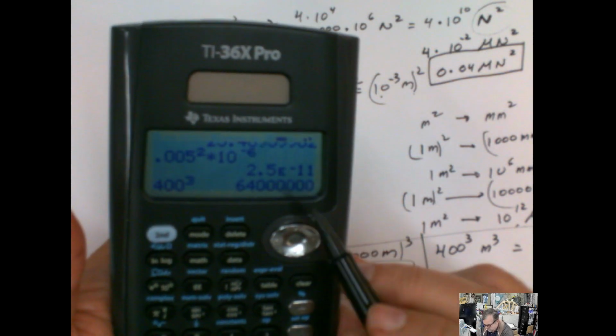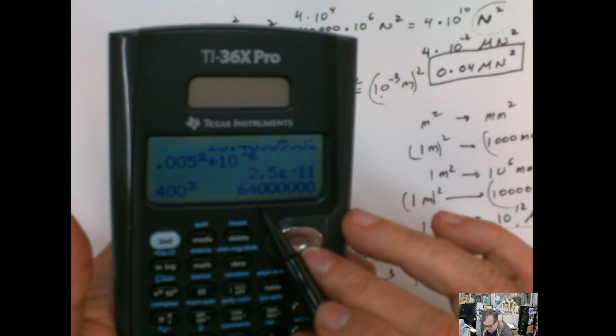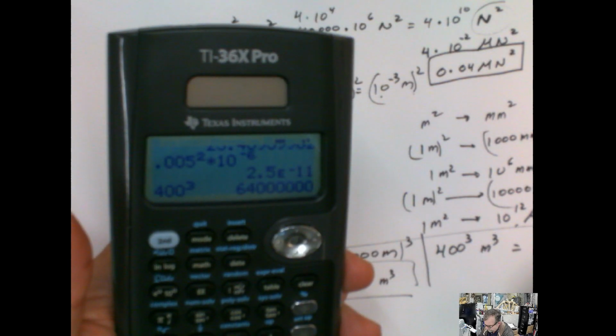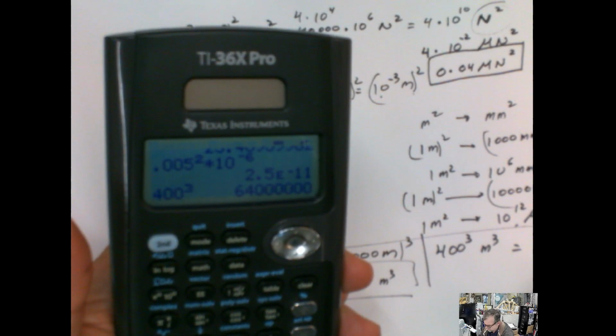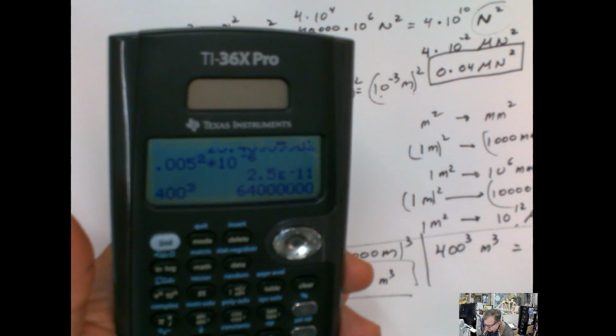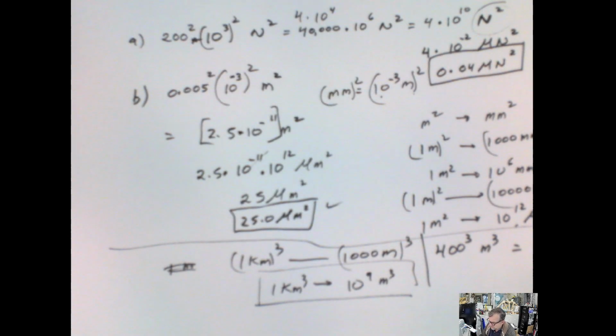You see, it's a big number: 64 times 10 to the 6 meters cubed. That's not a good way of expressing that number. It's a very big number.